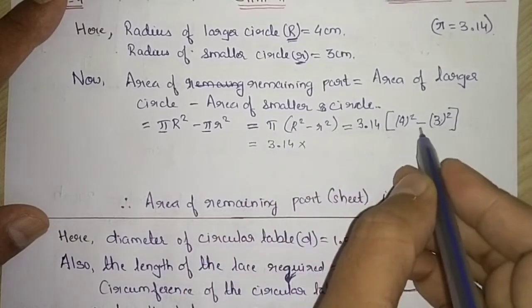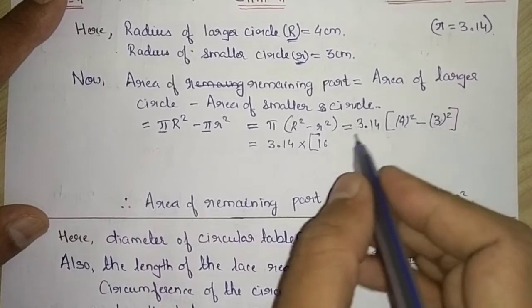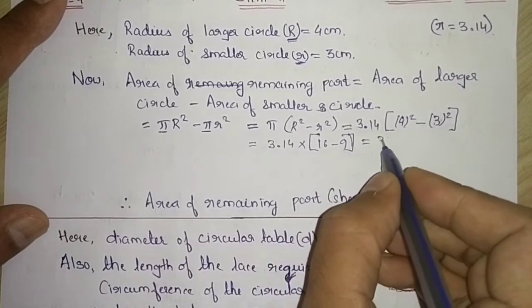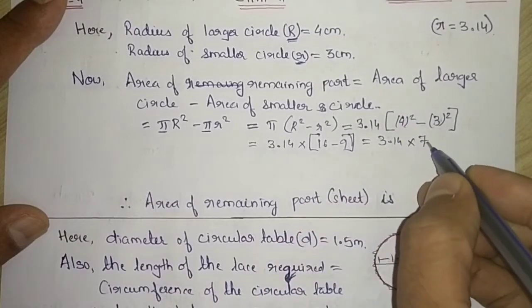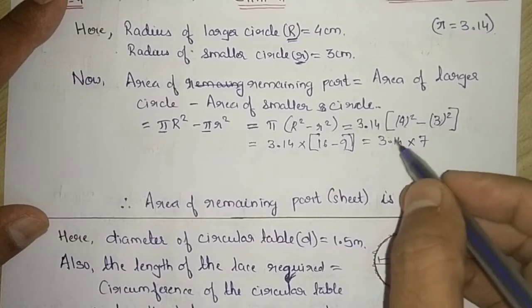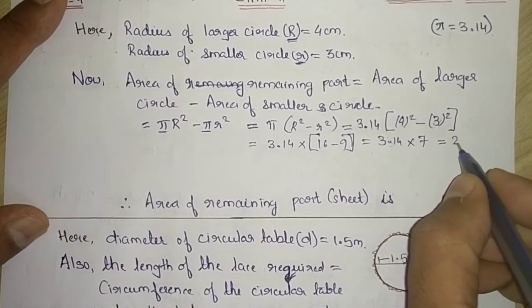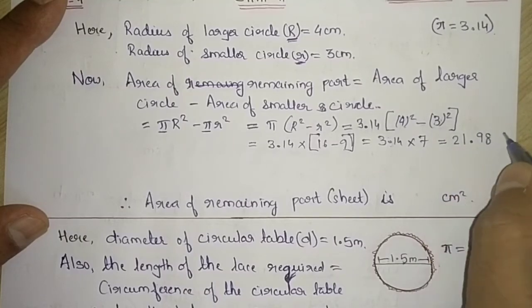Which will give me 3.14 into 16, 4 4s are 16, minus 9. So I will get 3.14 into 7, since 16 minus 9 is 7. When I multiply 3.14 into 7, I will get the answer 21.98.